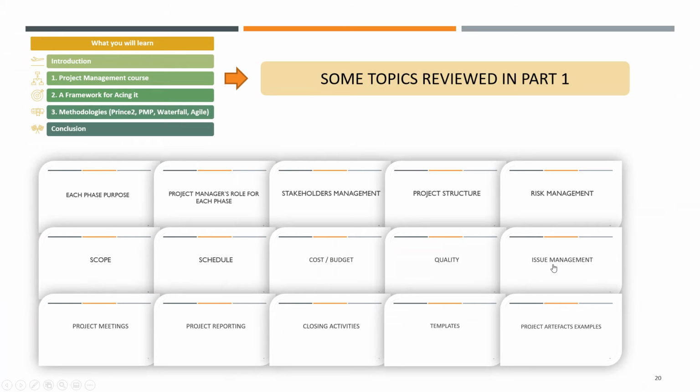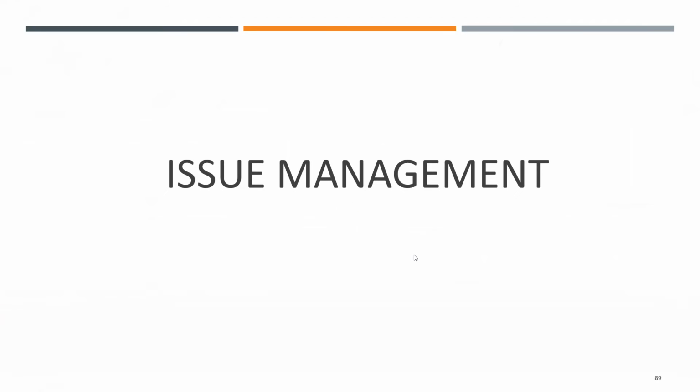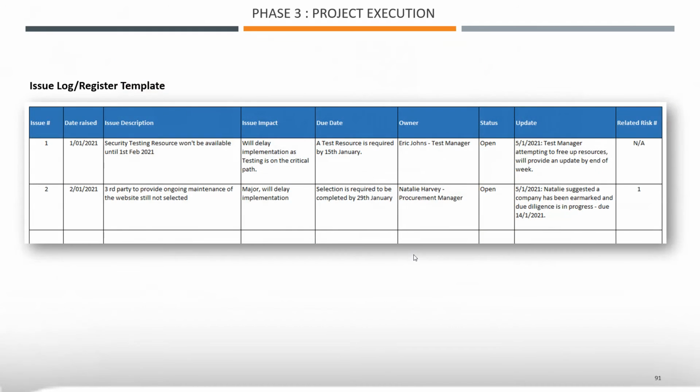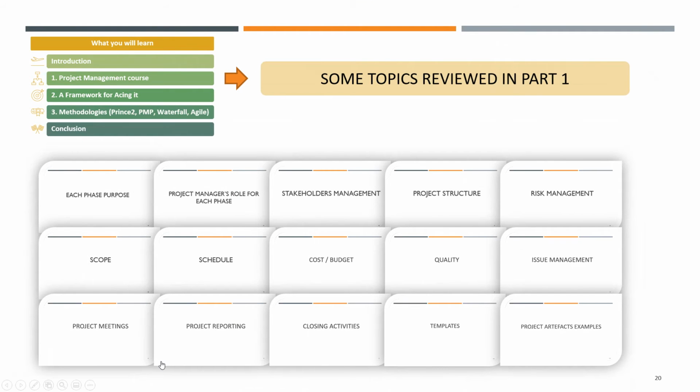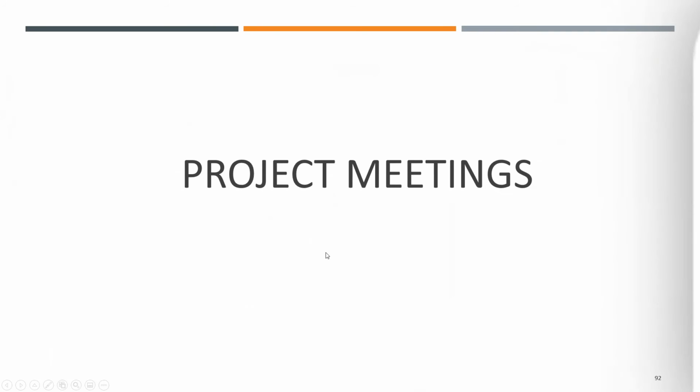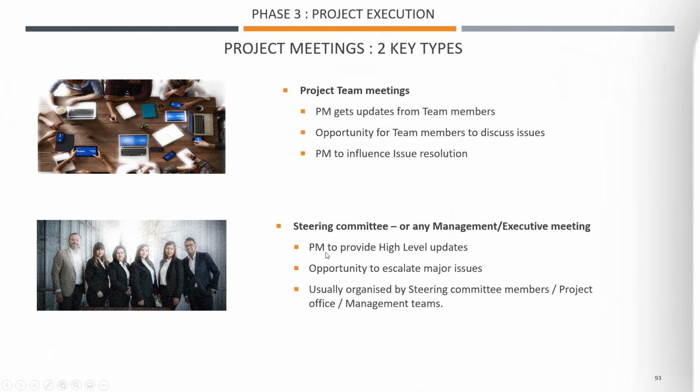We'll review also, obviously, issue management, with some slides around this and a very clear example of an issue register with a template. Project meetings: we will review that also in part 2, where I give you my own way of managing a project, but in part 1 we'll review the by-the-book way and the different types of meetings that you can have.